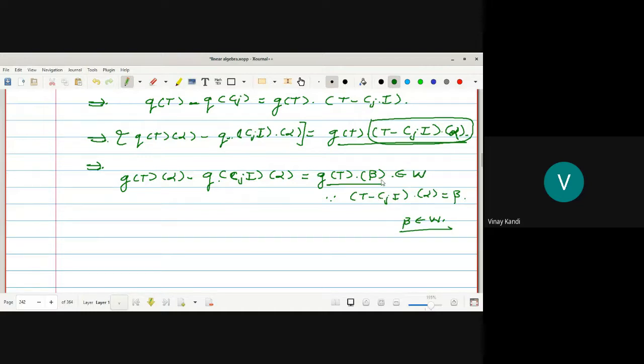That means this implies g of T of beta, which is q of t of alpha minus q of cj into I of alpha, this element belongs to W.